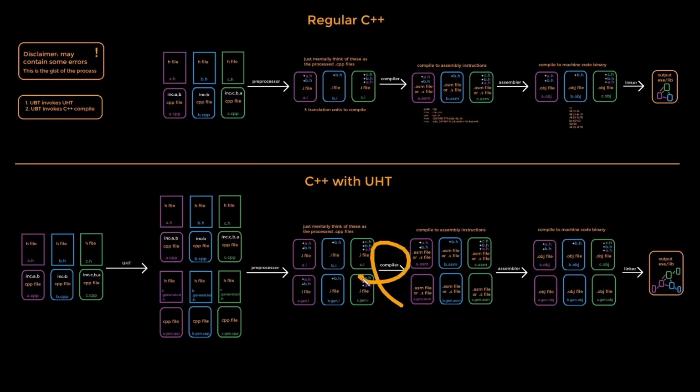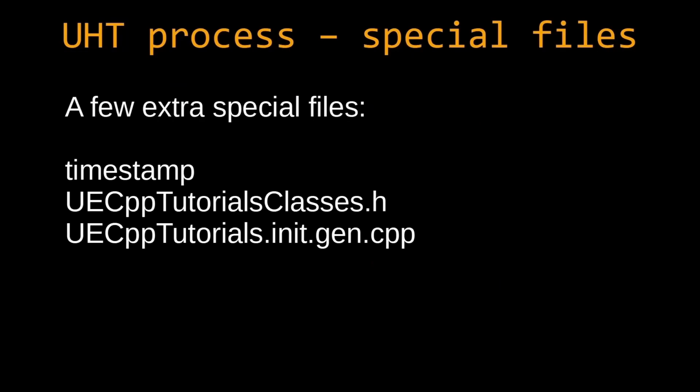And then we run the compiler, which builds our assembly files again. And then we run the assembler to get binary files. And then we run the linker to link all the binary files again. And I tried to show the picture here. In a normal case, we would have had 3 files kind of linked together here. But now we still have those 3 files, but these kind of adjacent .gen.cpp files that are also compiled, which came from UHT. And so that at a high level is how it works, at least from my understanding. There's some additional files, but we'll get to those later.